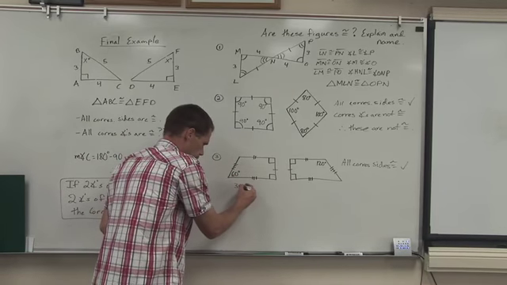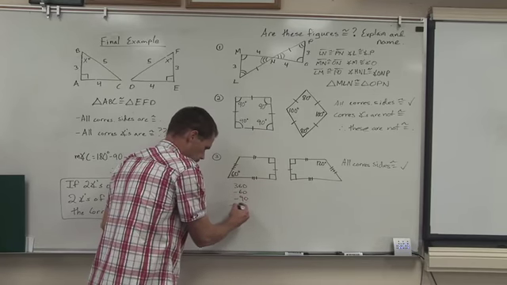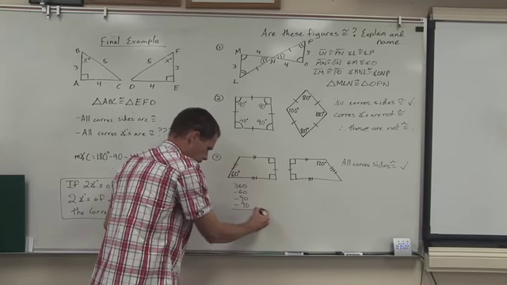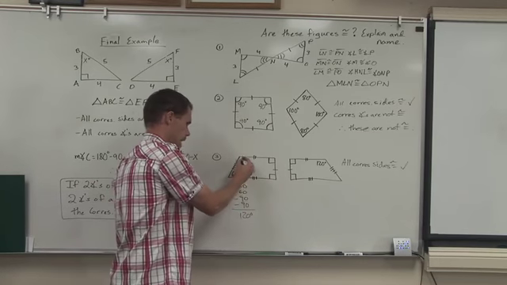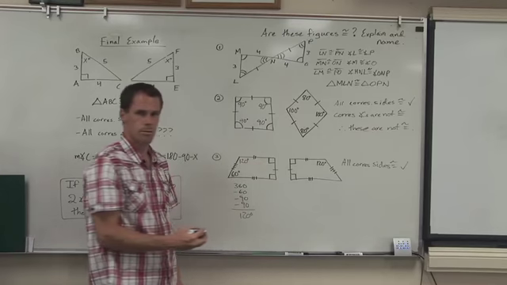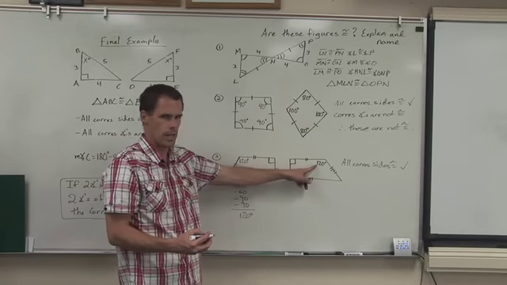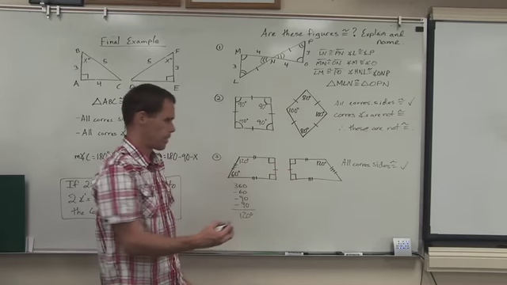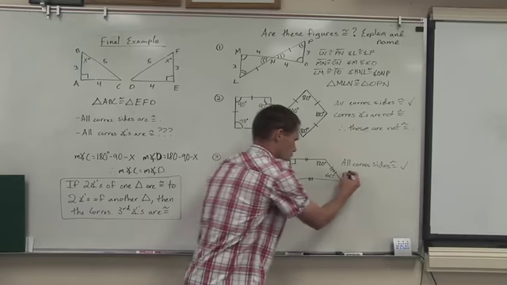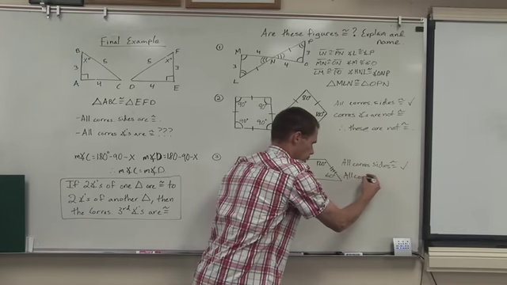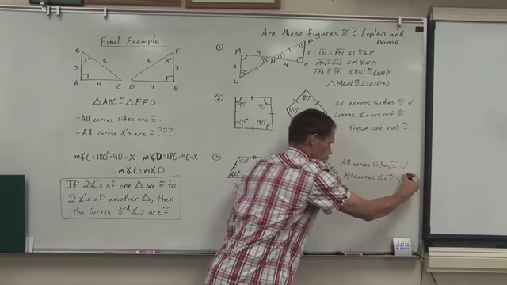If we have 360 and we subtract 60, and then subtract 90, and then subtract 90, let's find out what we have left. 120. That's 120 degrees. Okay, well if this is 120 degrees, that's 120 degrees. This one has to add up to 360, so that's going to be 60 as well. All corresponding angles congruent, check.